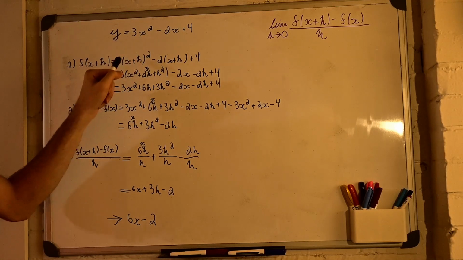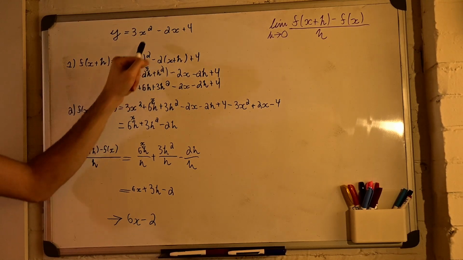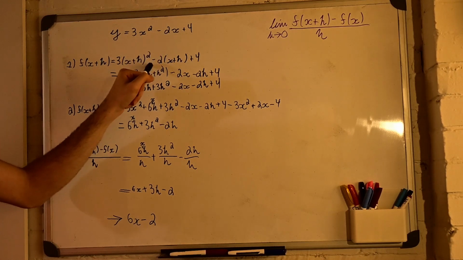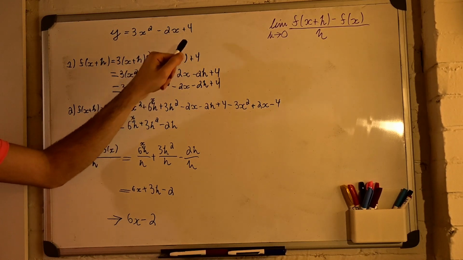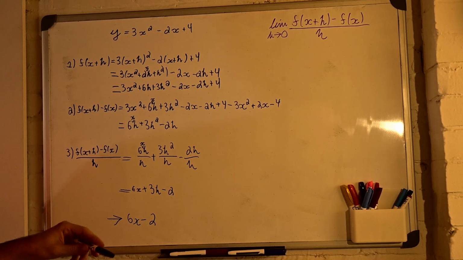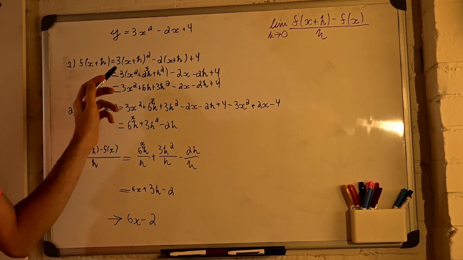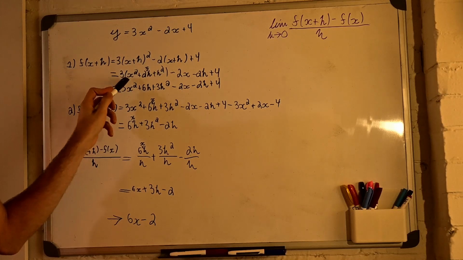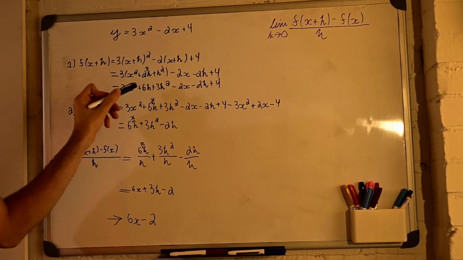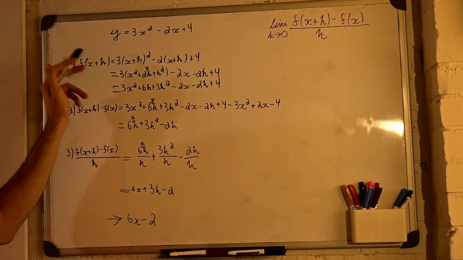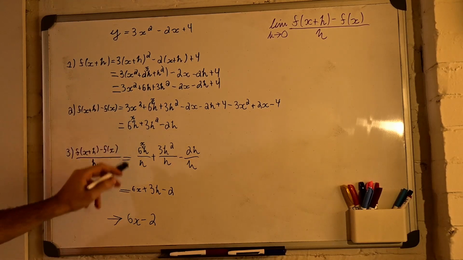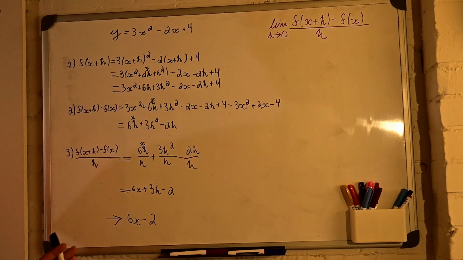So 3x squared becomes 3(x plus h) squared, minus 2x becomes minus 2(x plus h), plus 4 stays the same, of course. So now we're going to do a bit of expansion. So (x plus h) squared becomes x squared plus 2xh plus h squared. As you can see, I forgot to write the x's in earlier, so I have to add them in up here. Sorry, it looks a bit messy.